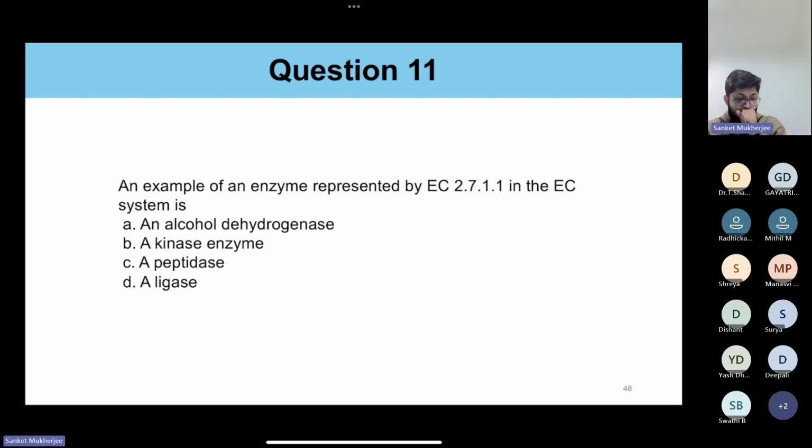An example of an enzyme represented by EC 2.7.1.1 in the EC system is an alcohol dehydrogenase, a kinase, a peptidase, or a ligase? Any answers? Kinase. Correct. So EC2 is basically transferases.